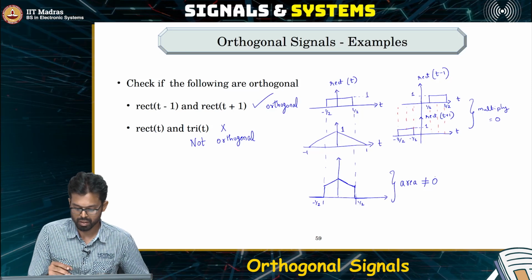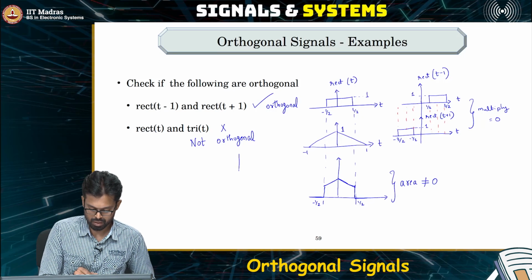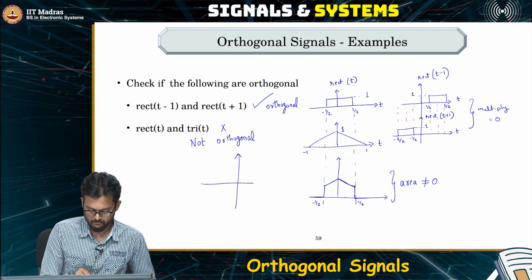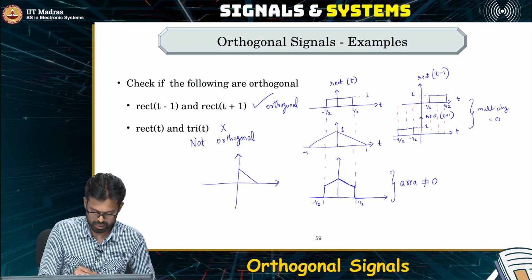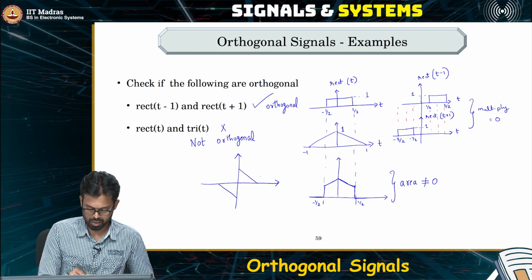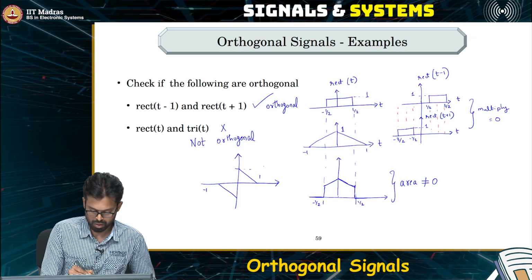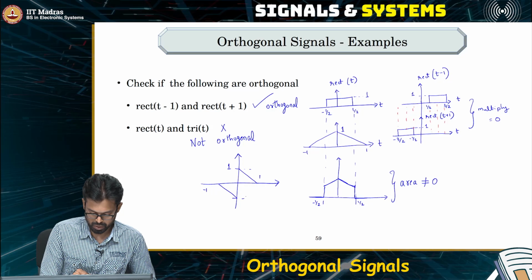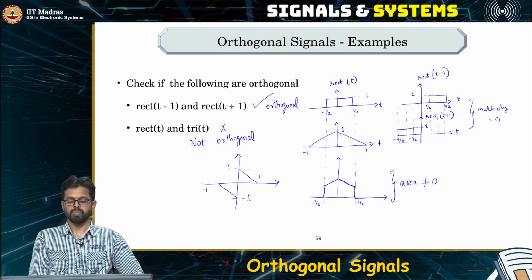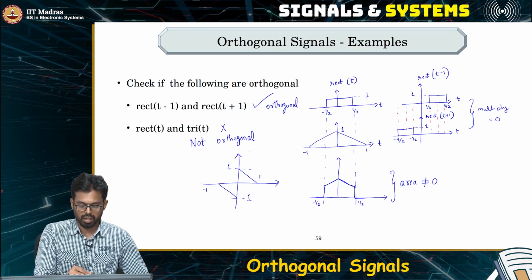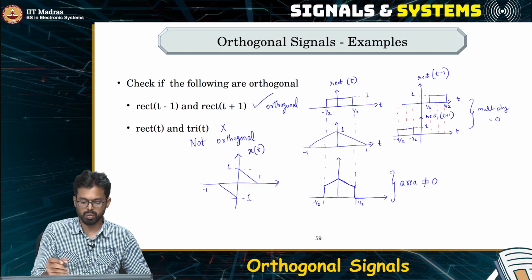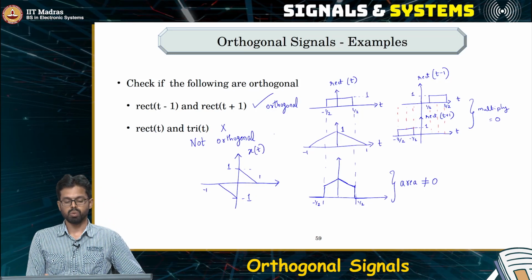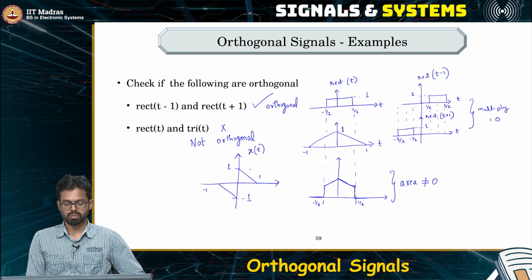Now, what if we had a signal which looked something like this? Let's say this is 1, this is -1, and this amplitude is -1. Okay, if we had multiplied, let's call this x of t, with the rectangular function, would we have gotten an orthogonal signal?